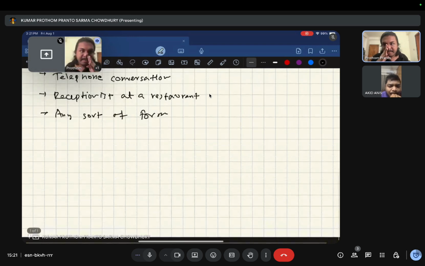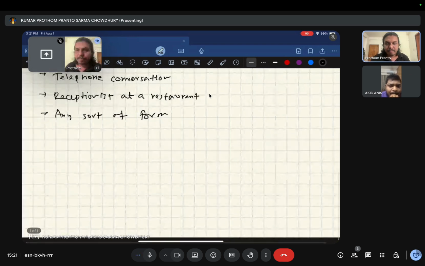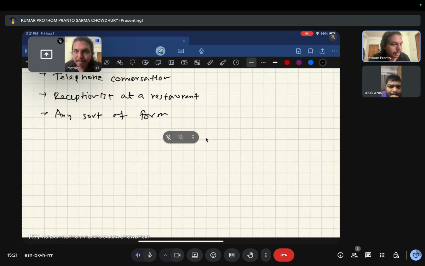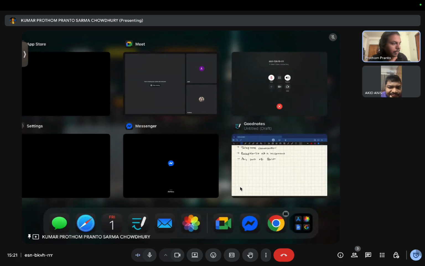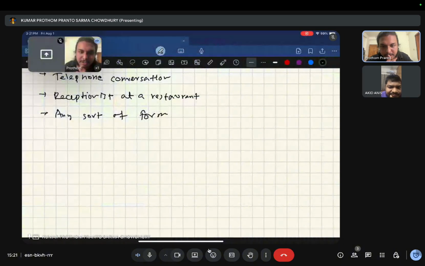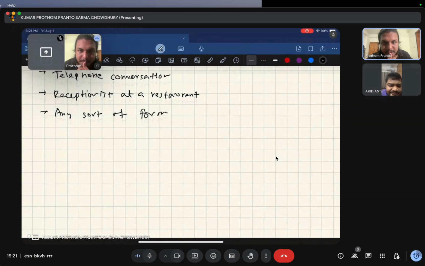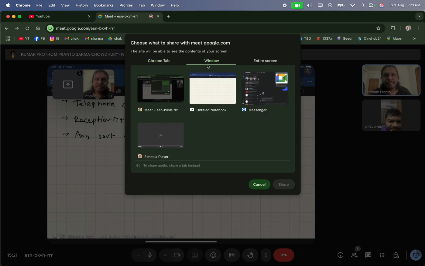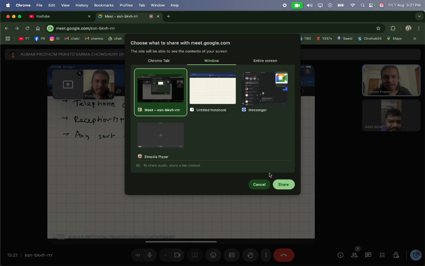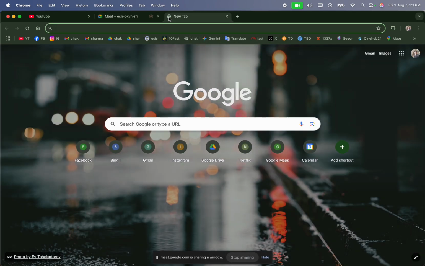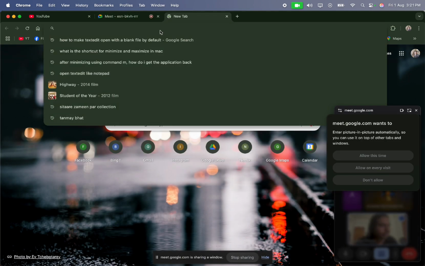So let me show you an example. My screen is visible, right? Yes, sir. Okay, let me share something from here. Present now. Window and the Chrome tab. Is my screen visible? Yes, I can see.